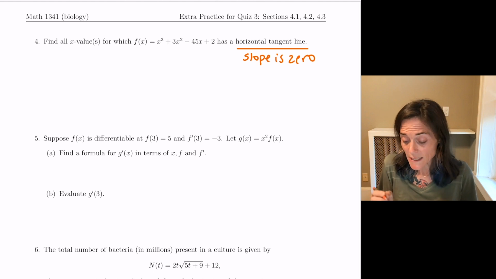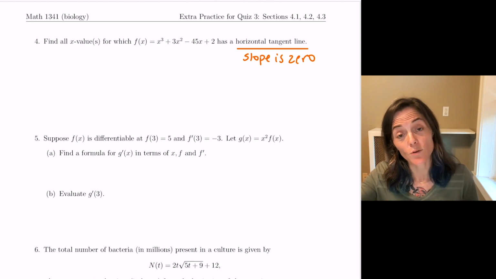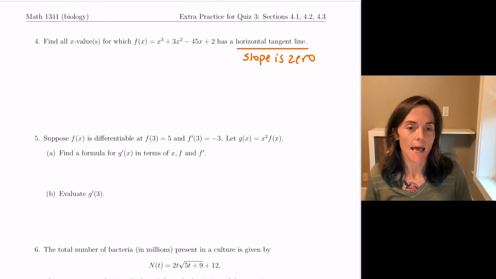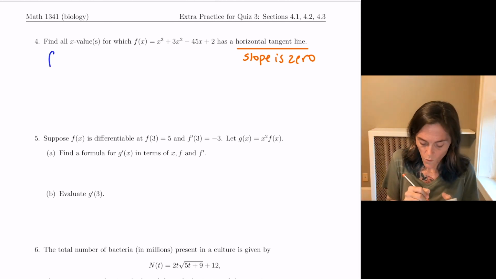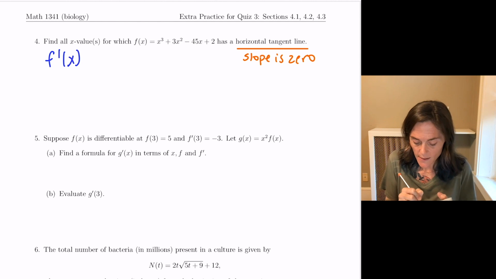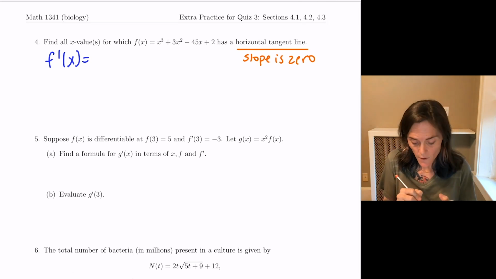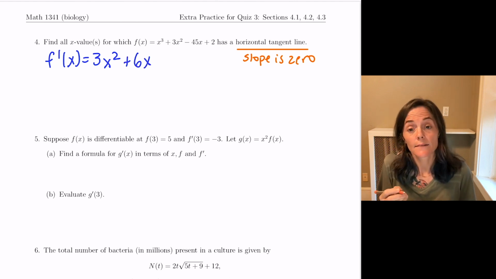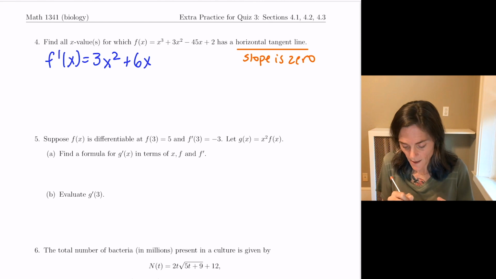So what am I trying to do in this question? Take the derivative, set it equal to 0, and find the x. Okay, well, f prime of x, we have 3x squared plus 6x minus 45.